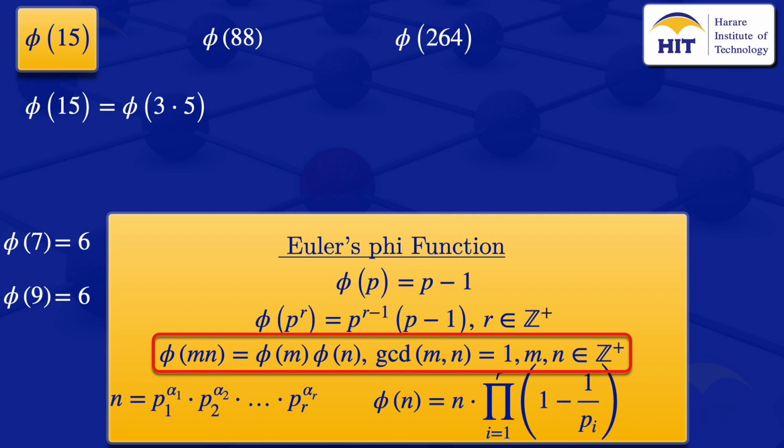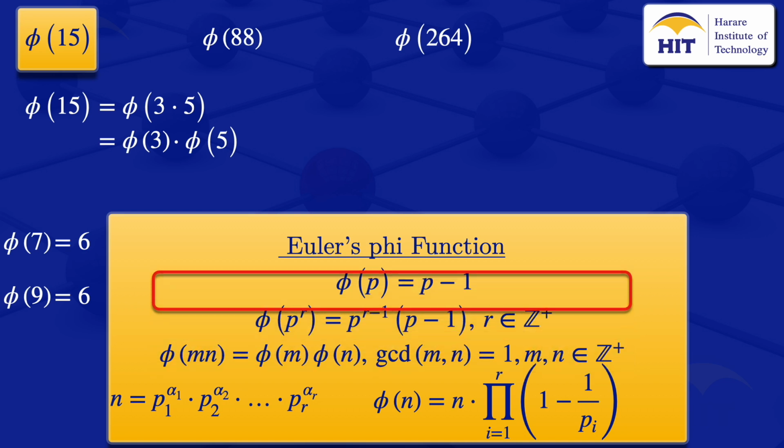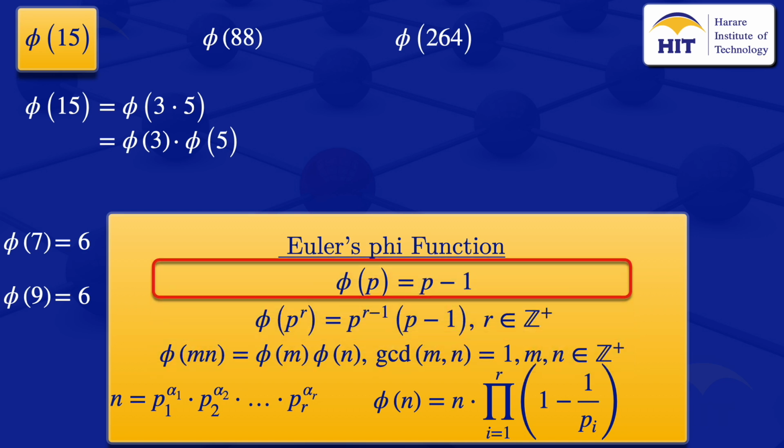So phi of 3 times 5 is equal to phi of 3 times phi of 5. The 3 and the 5 are prime numbers, so we can use phi of p is equal to p minus 1. For phi of 3, it will be 3 minus 1, which gives us 2. For phi of 5, it will be 5 minus 1, which gives us 4. So we would have 2 times 4, which gives us 8.